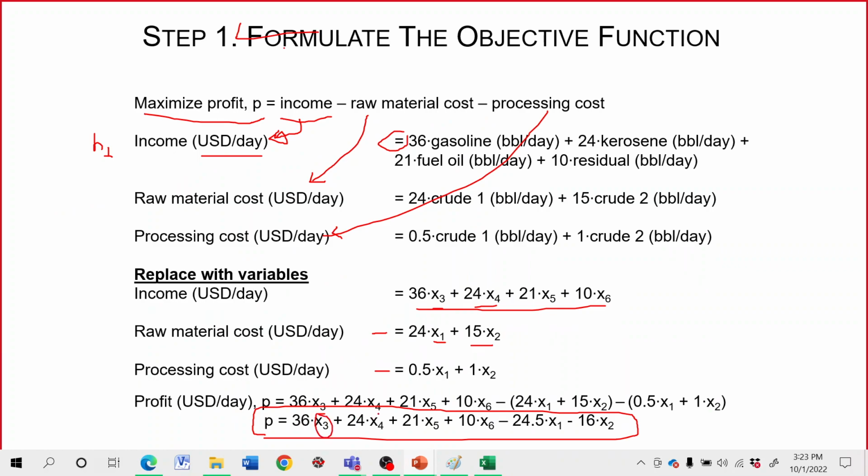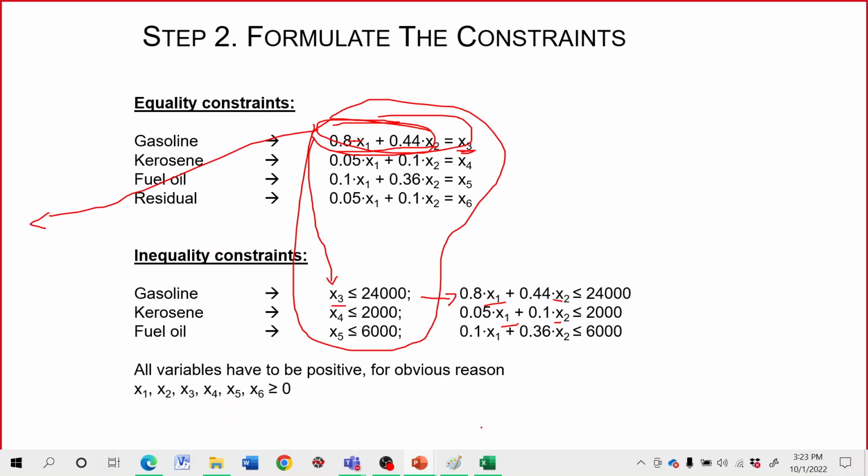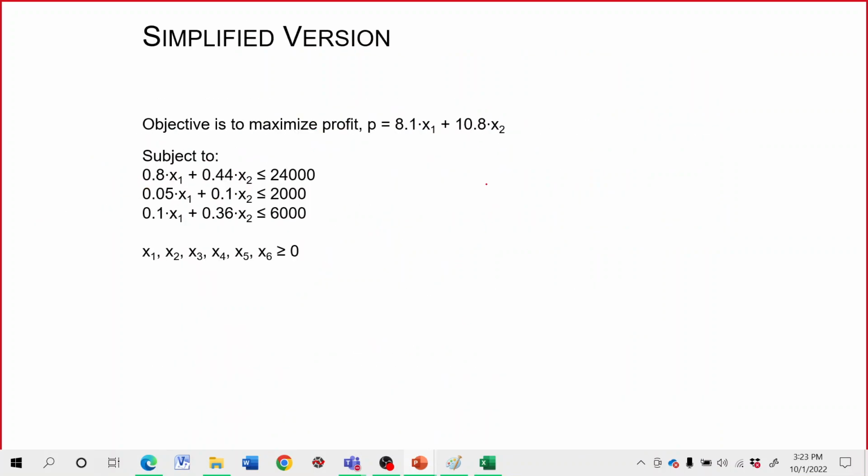You replace x3, x4, x5, and x6 with expressions in x1 and x2, and you end up with the simplified version, which is 8.1 x1 plus 10.8 x2, with the constraints in terms of x1 and x2. In this case, we no longer have x3, x4, and x5; it's all only x1 and x2. And both of the crudes have to be positive.